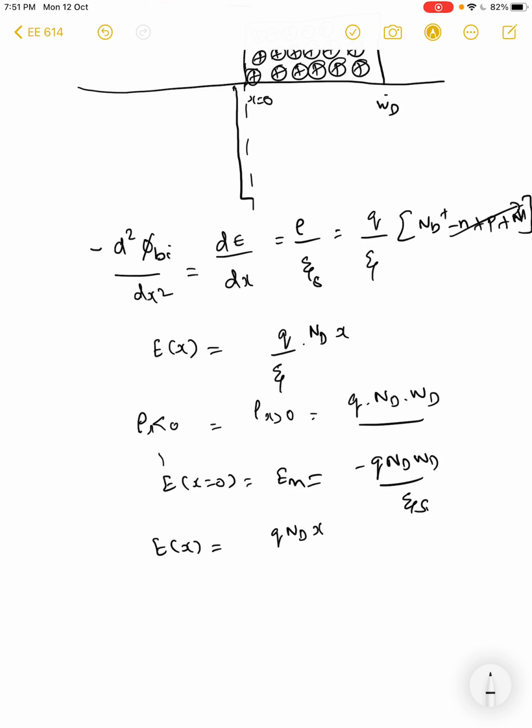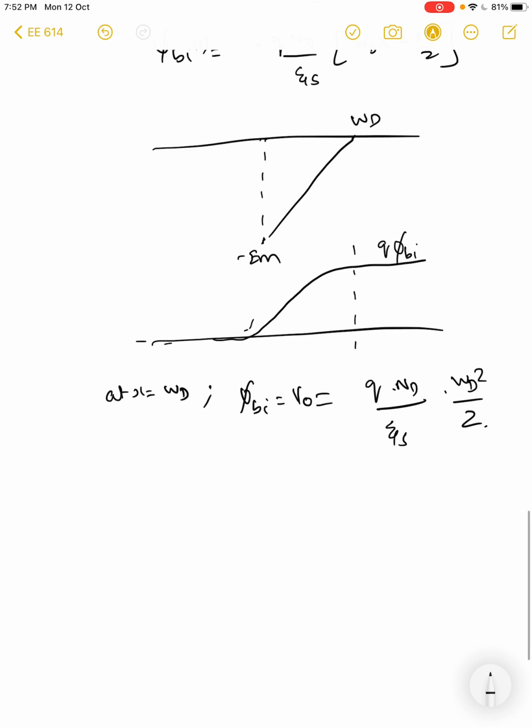So psi bi is equal to v naught will turn out to be q nd by epsilon s wd square by 2, and actual width of the depletion width will turn out to be 2 epsilon s v naught by q nd. And so basically this is the width, and this is very similar to what we saw before, right, in the p-n junction. Now we can add a few more to this depending upon the bias potentials, right?